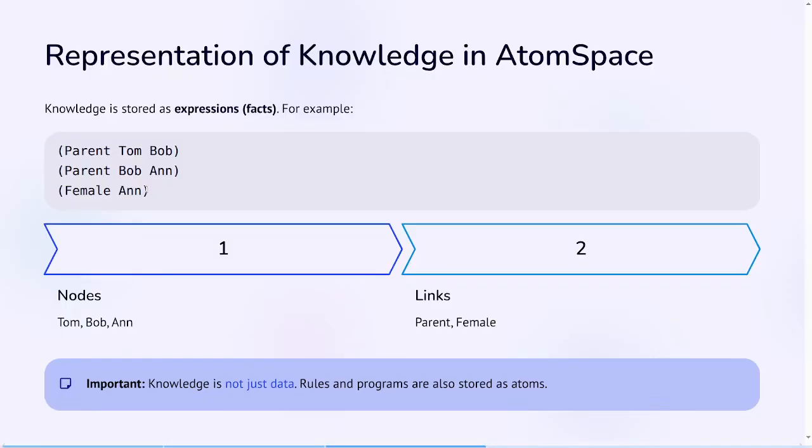Using that link, we can infer that the person Adam is actually the parent of Bob. Using that kind of representation, we can add any form of data into the Atomspace. We will also see how we can retrieve the data we have added into the Atomspace, and how we can modify it, in the coming sessions.